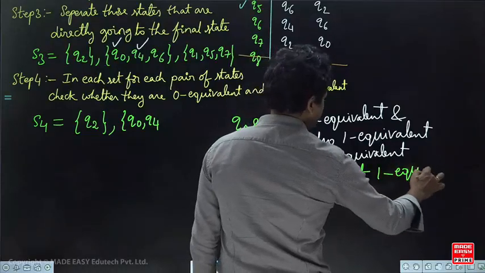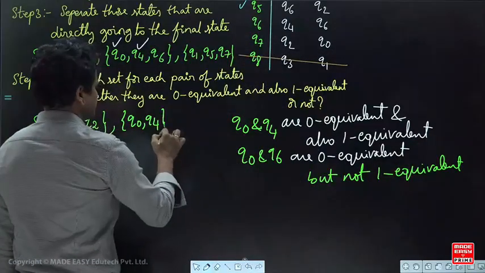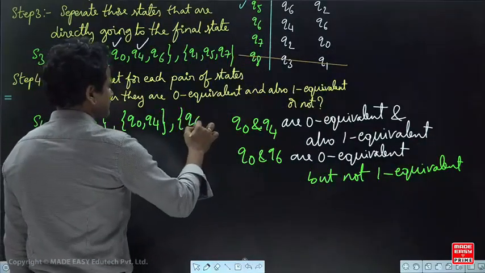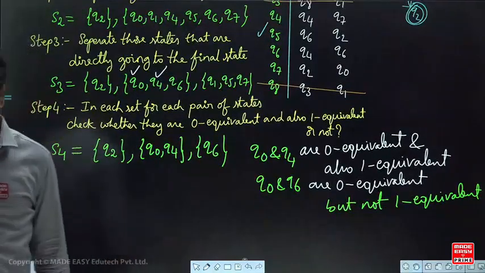If they are not 1 equivalent, we separate Q6 from this set. Okay guys, just copy this one.